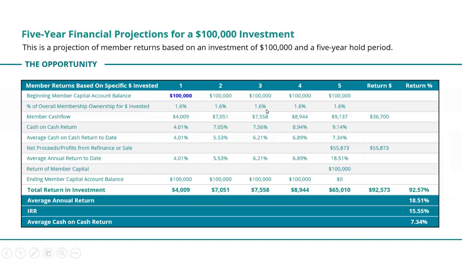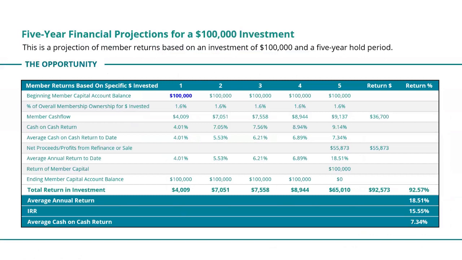So just an investment slide: if somebody invests 100,000, you see the total return in year 1 is 4,000, year 2 about 7,000, year 3 7,500, year 4 about 9,000, and when we dispose of it, around 65,000 on the money.